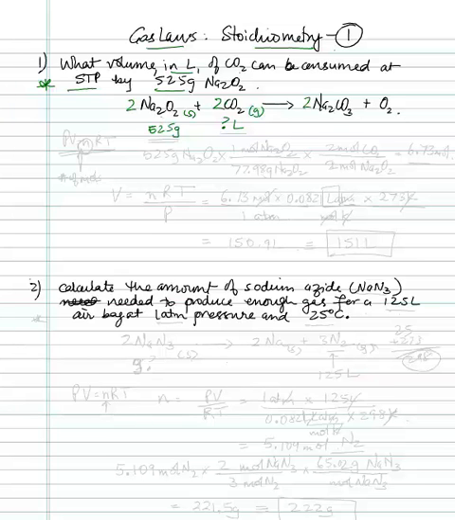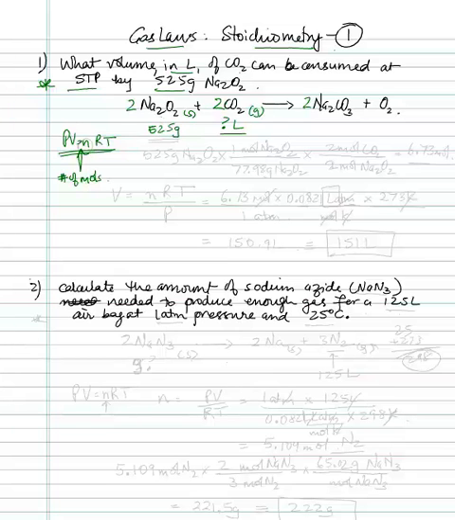Now for the information that we need, PV equals nRT. The question is about what volume in liters of carbon dioxide can be consumed. If this is the equation we have to use to find liters, we first need to find the number of moles. That's our unknown factor.